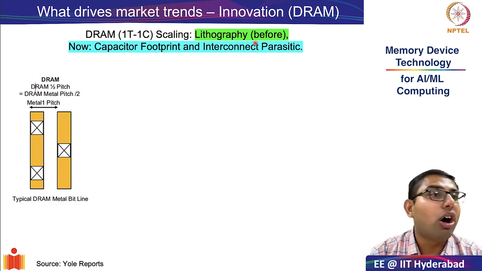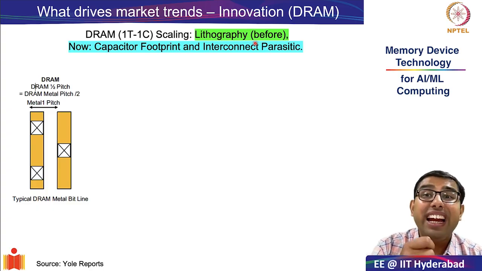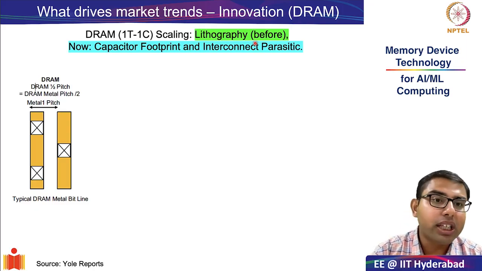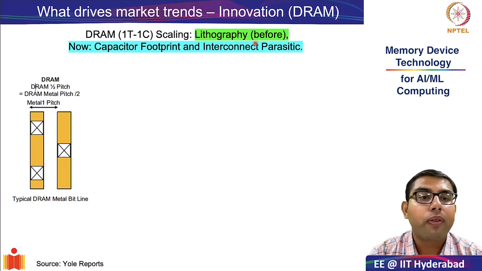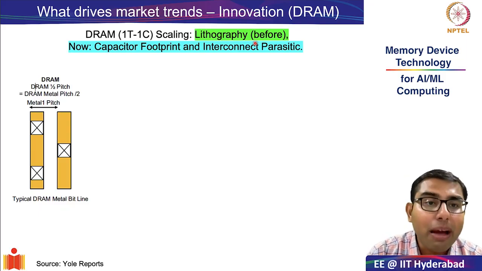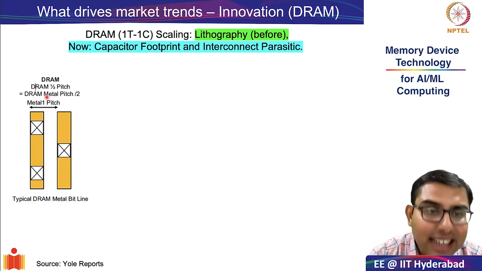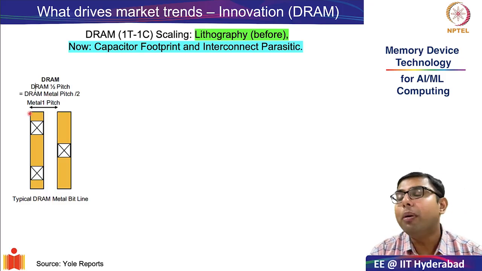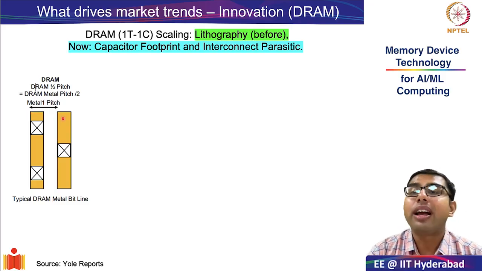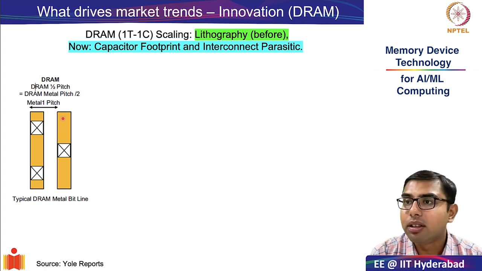Like the CGP or contacted gate pitch was the technology indicator in an SRAM cell, for a DRAM cell it happens to be the metal half pitch. So what does the DRAM metal half pitch mean? It is nothing but the gap between two neighboring cells or the gap between two neighboring bit lines.